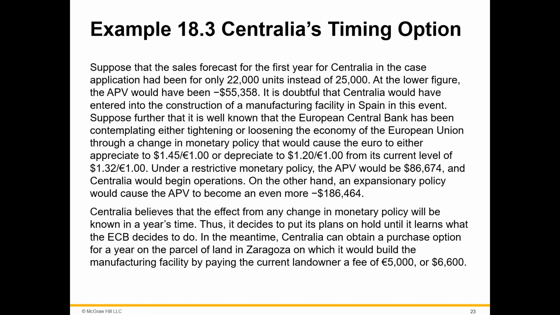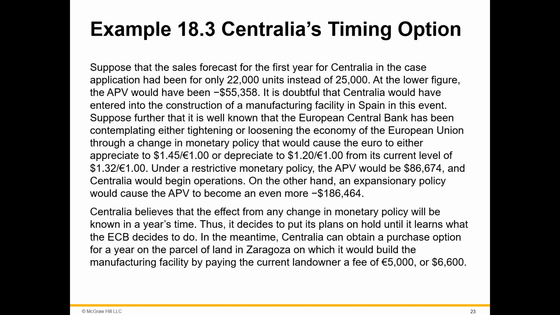And so if they commit now, they have a chance. If this is a 50-50 chance, we've got a 50% chance of making 86 million and a 50% chance of losing 186 million. Well, that's bad, right? That's not a good idea.